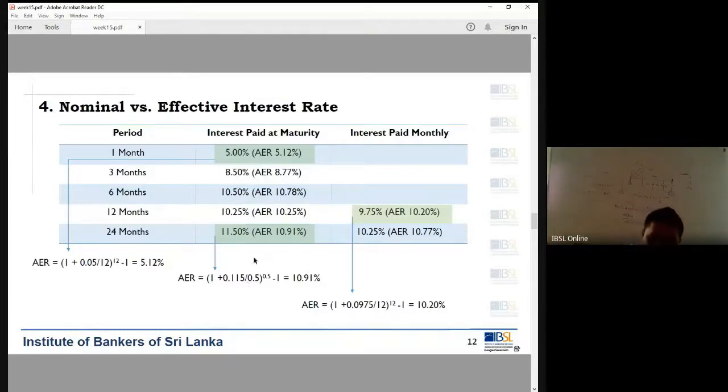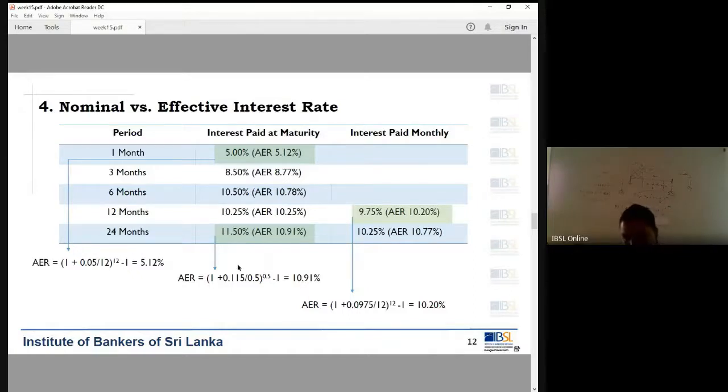That's it. So the M is the number of times, here 12 times, here 0.5 times. So this equation is going to be 11.5% divided by 0.5. You have to take the power of 0.5. It is going to give you a value of 10.91.